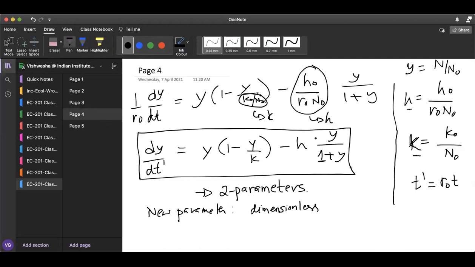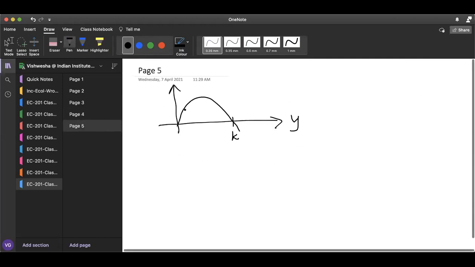When y is equal to 0, harvesting is 0, and when y is maximum, we reach a maximum value of H. We don't know the maximum value of H. It can be a very small number, less than the maximum value of the logistic function. It can also be a large number, much more than the maximum of this. So let's consider both possibilities.